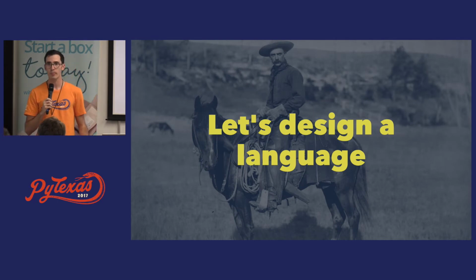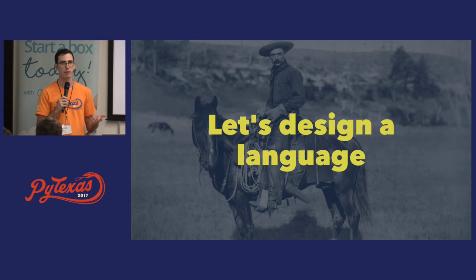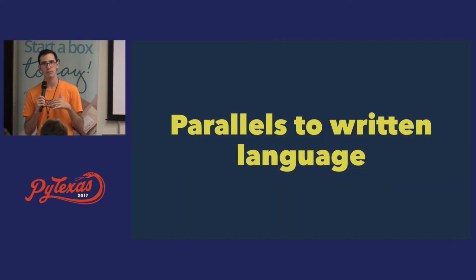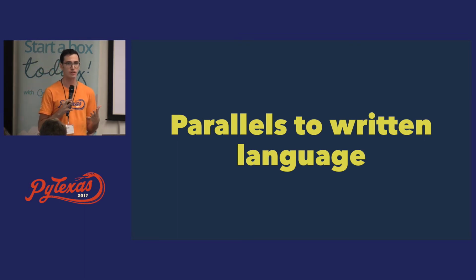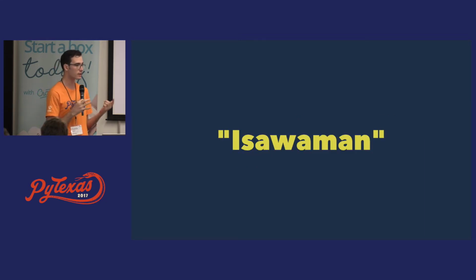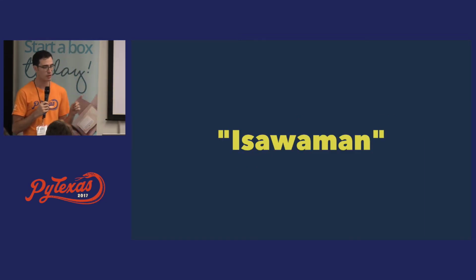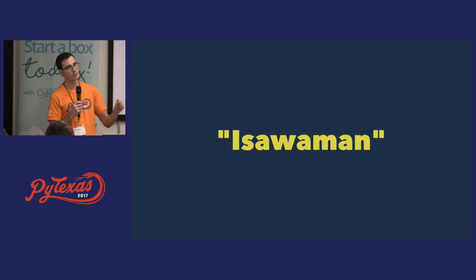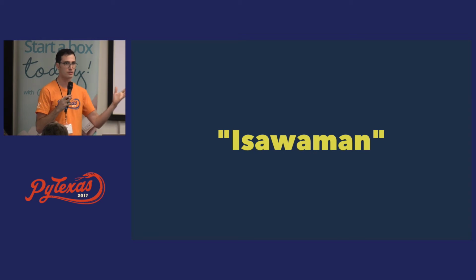Okay, so let's design a language. Before we actually write any code, let's think about how a programming language is going to work. I'm going to show you some parallels to written language, though I'm not a linguist, that might make some of the things we're going to do later more clear. Let's say I showed you this string, one character at a time, and your job is to interpret what the final sentence is just from those characters.